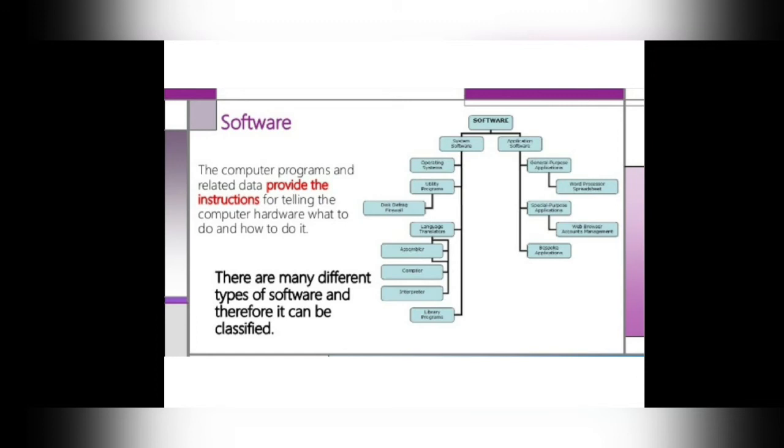As I discussed earlier, system software is the bridge between the user and the hardware, like the operating system. Examples of operating systems are MS Windows, DOS, Unix.